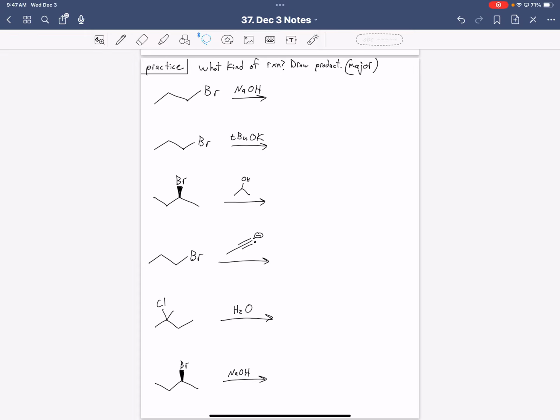Oh, yeah. I think the lone pair just attached. Yeah, I think it's like this. I'm pretty sure there's both of them. So it looks easy.